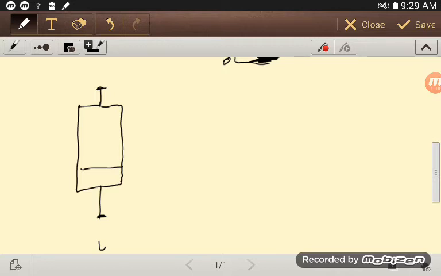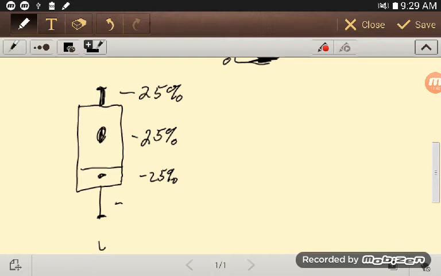Now, what you want to realize in a box plot is that 25% of your sample is represented in this little interval. Another 25% is represented in here. Another 25% is represented in there, and then finally another 25% is represented here.